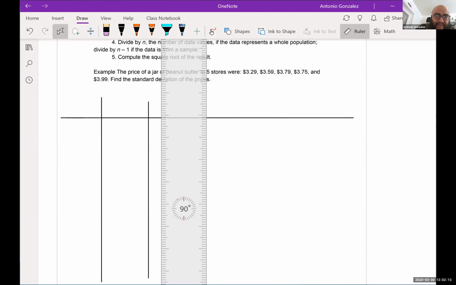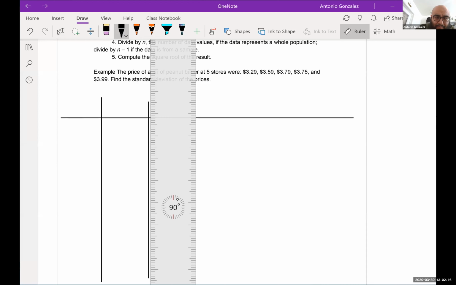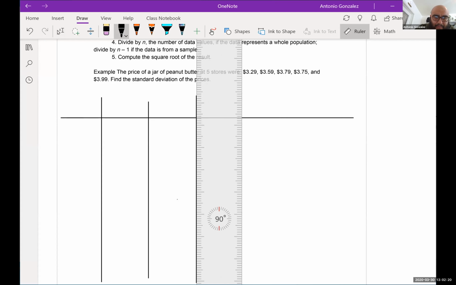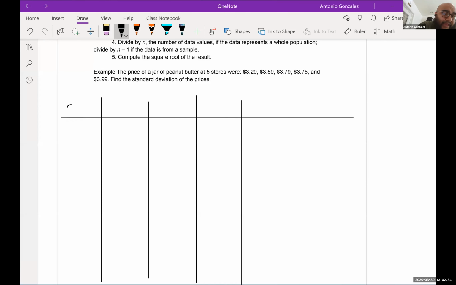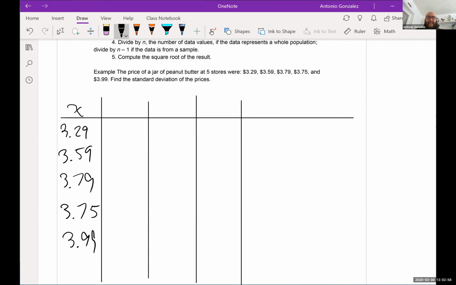In the first column, I'm going to label that column X, and X is going to represent my data values, in this case the price of the peanut butter jars. So 3.29, 3.59, 3.79, 3.75, and 3.99.